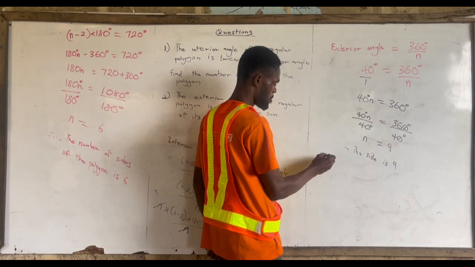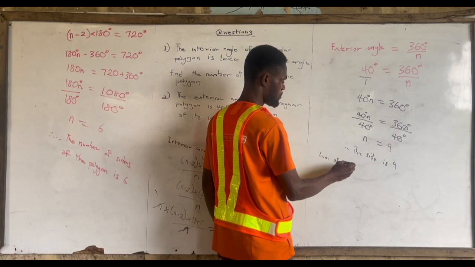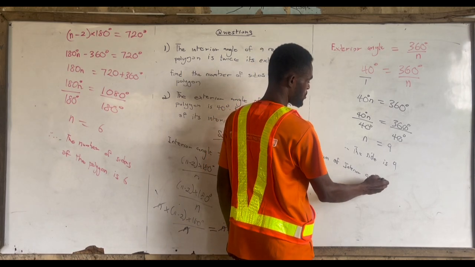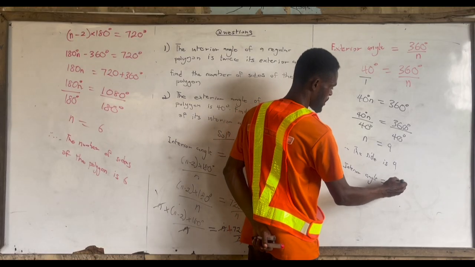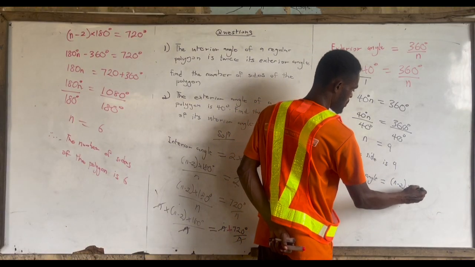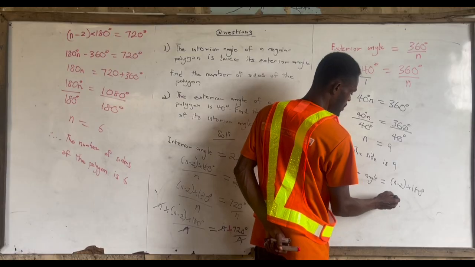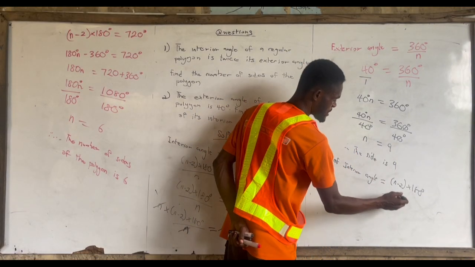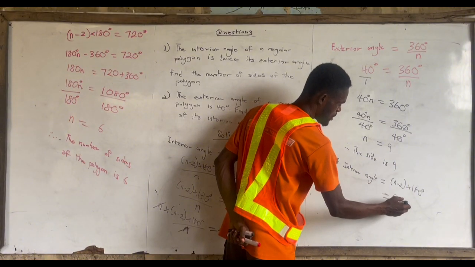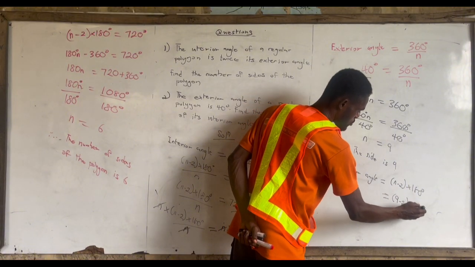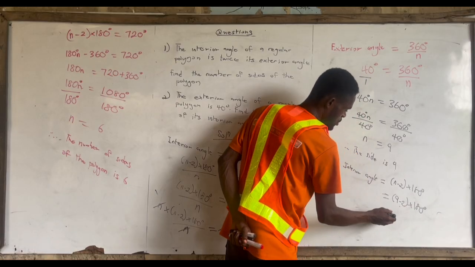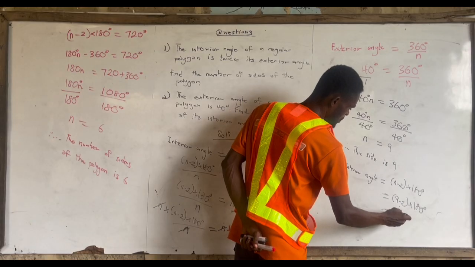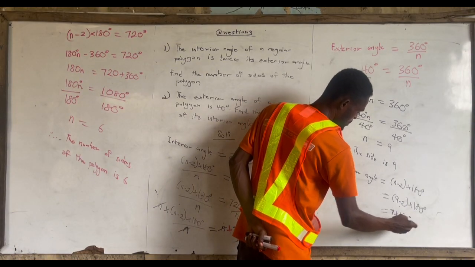The sum of interior angles is equal to (n minus 2) times 180 degrees, and we have n is 9, so I'll substitute in: 9 minus 2 will give you 7 times 180 degrees.